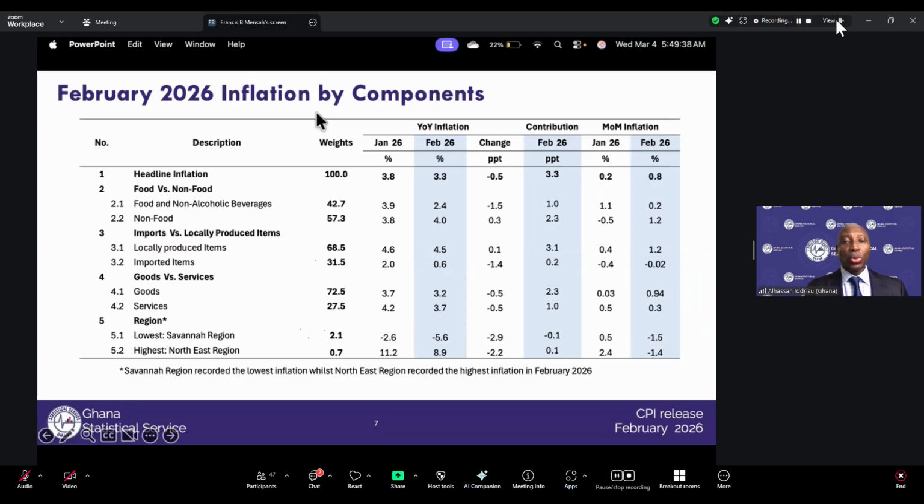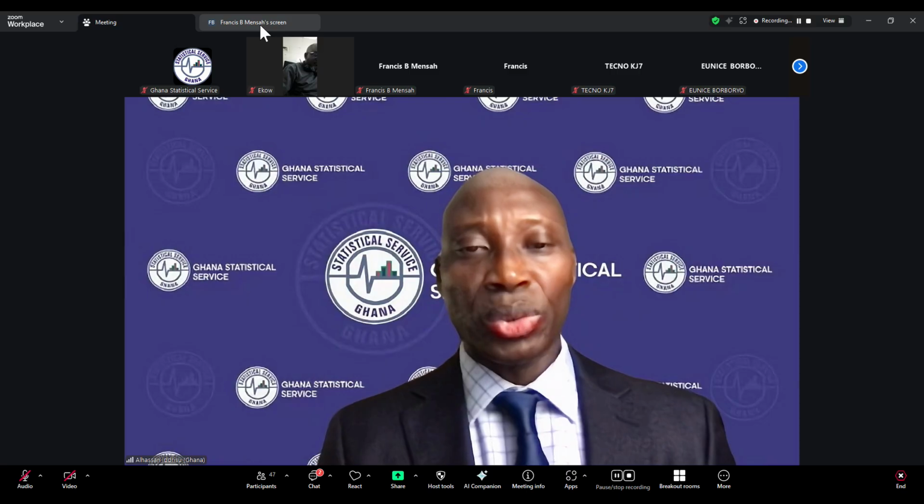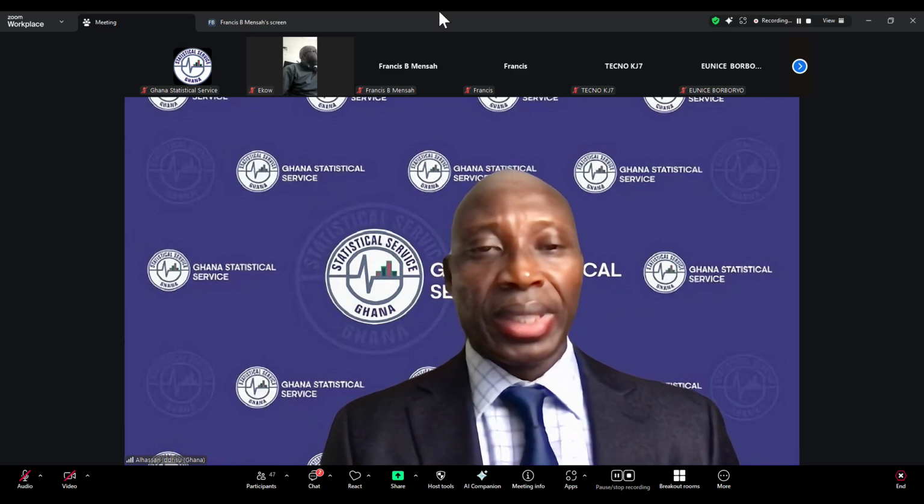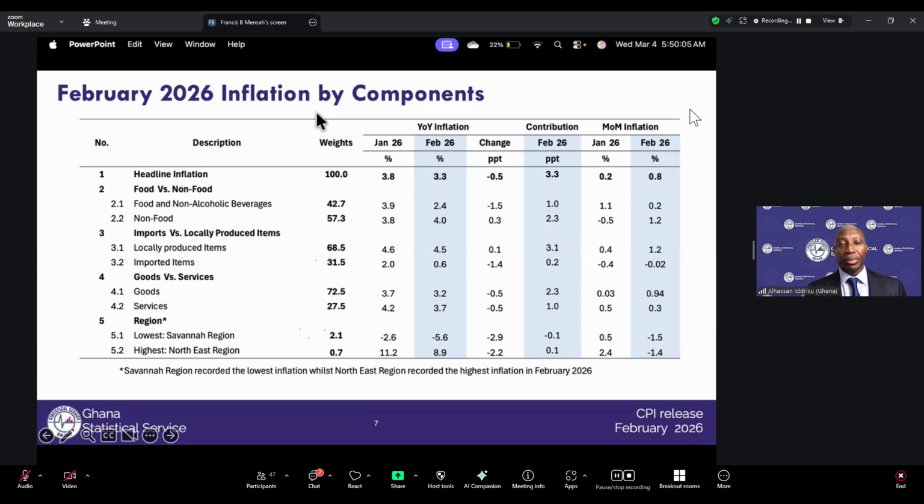Now, if you go back in time, in December 2022, food inflation year on year was 59.7%. Then you move forward to February 2025, when food inflation was 28.1%.